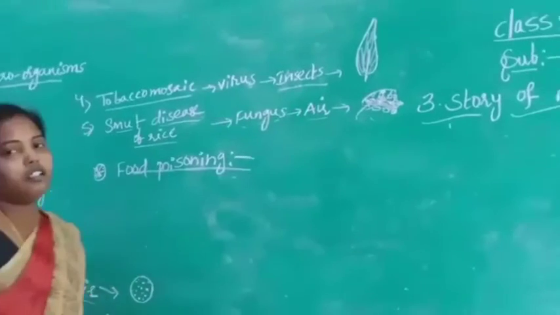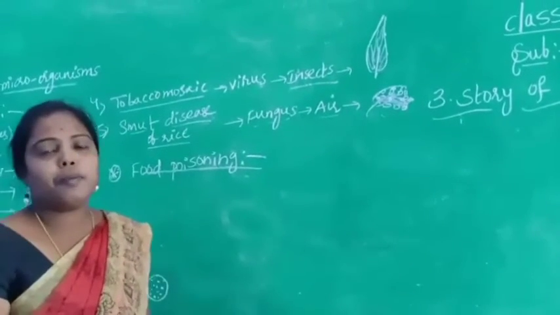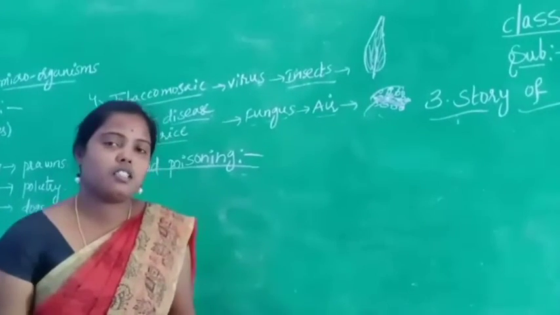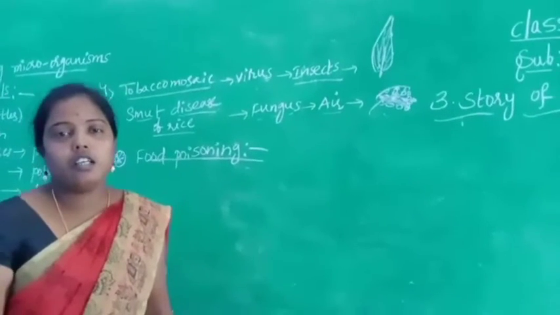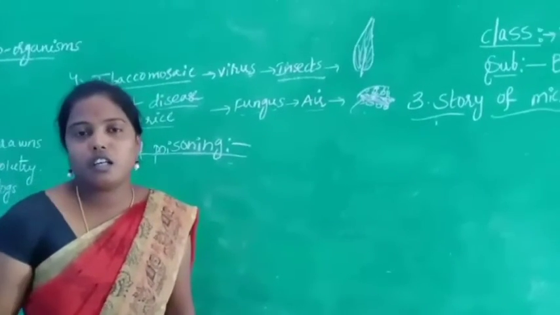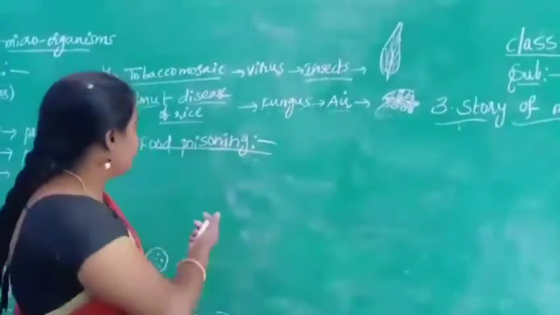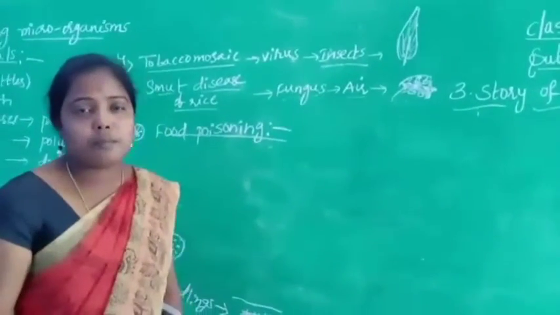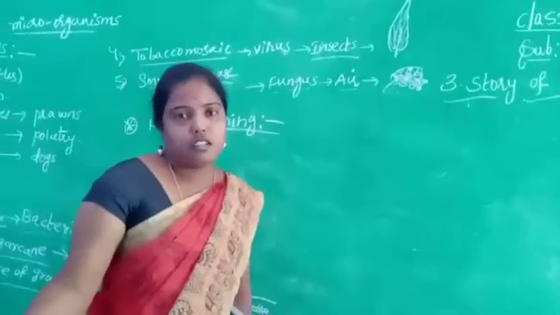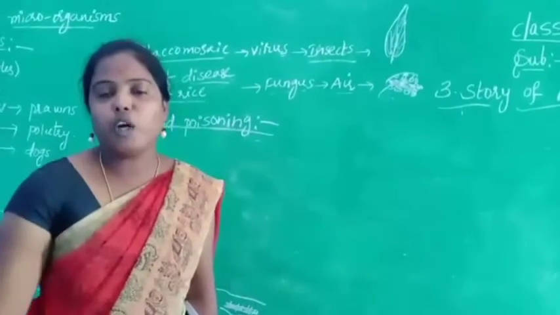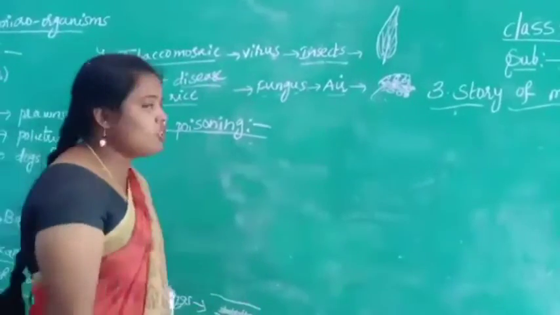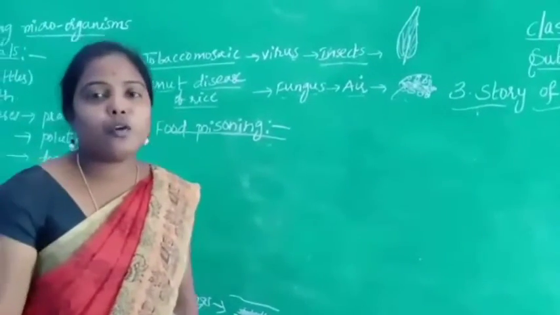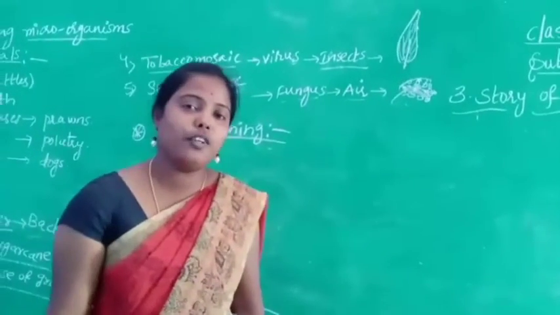Okay, children, have you heard in newspapers or on TV channels? Sometimes we hear news that hostel children are getting food poisoning, or some people in certain areas are eating spoiled food and getting sick. Children, what is called food spoiling? Some microorganisms spoil the food.